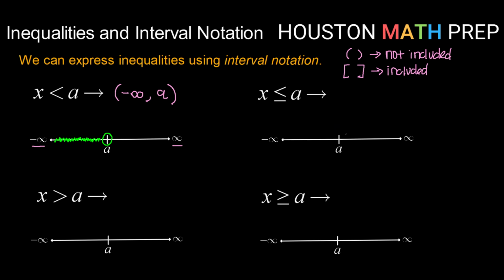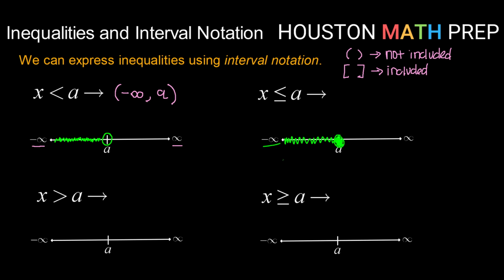All right, using that knowledge, let's fill in our next couple. If we have x is less than or equal to a, we know that the graph is going to look very similar to x is less than a, where we are shaded to the left or below a. But a big difference here is that a is now included, so we're going to put a solid dot at a.